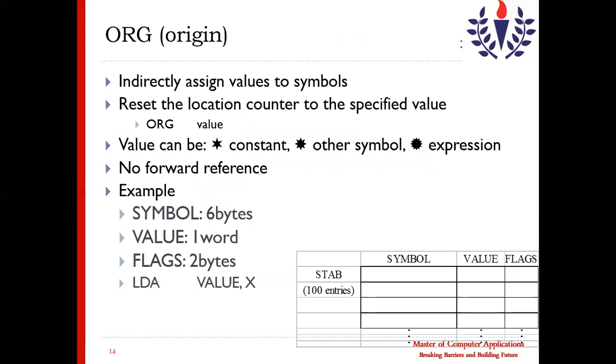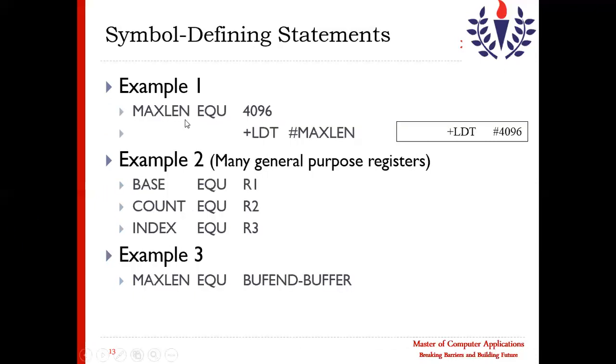In the previous two or three slides, we were defining symbols, and the main directive we used is EQU, which directly gives a value, directly giving 4096 to MAXLEN.